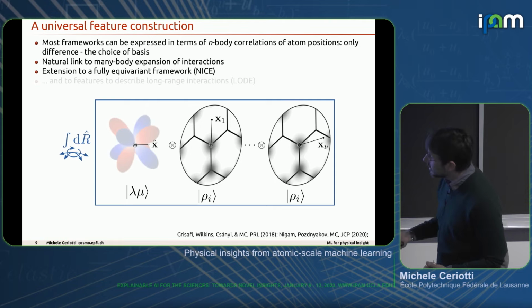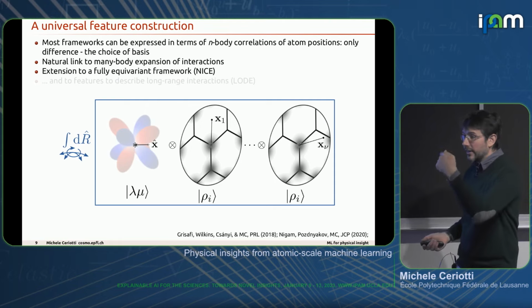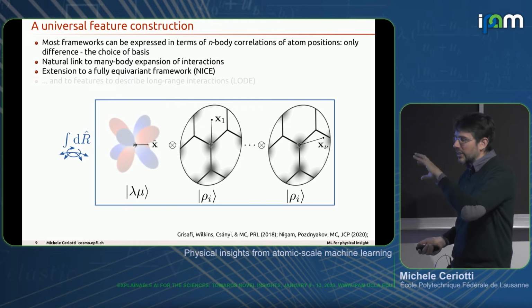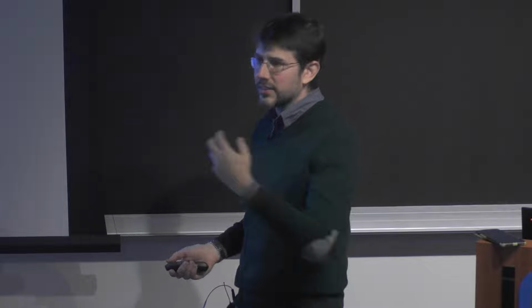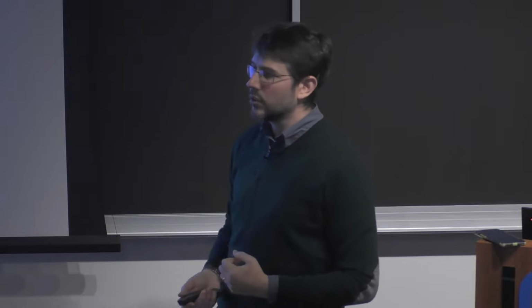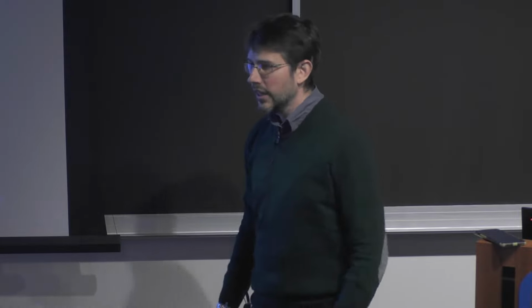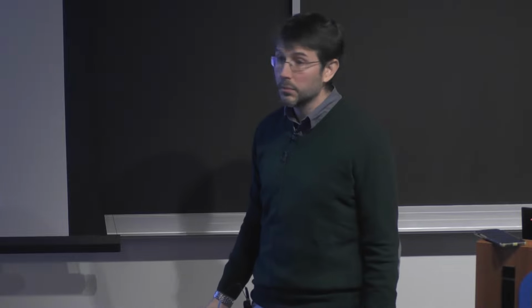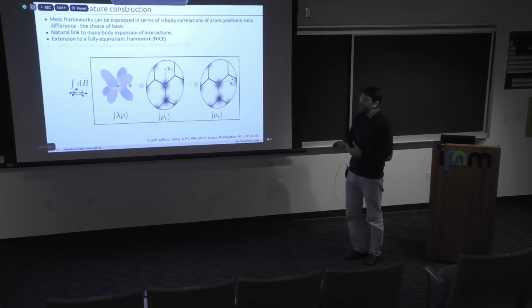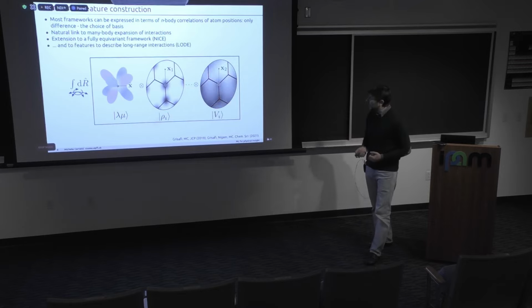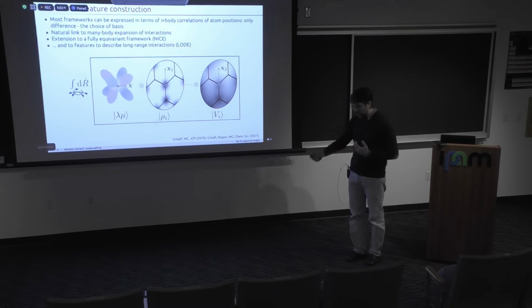All that you need to do is incorporate essentially an analyzer, a spherical harmonic, that extracts the component of the density correlation that has the character of an irreducible representation of O3. The algebra is cumbersome, but it's actually relatively easy to do.